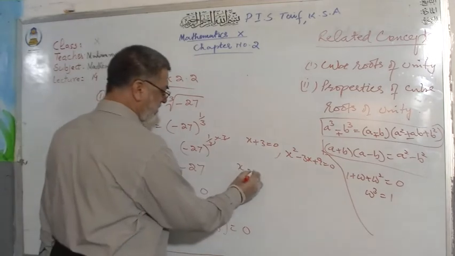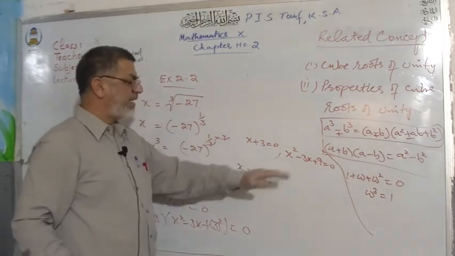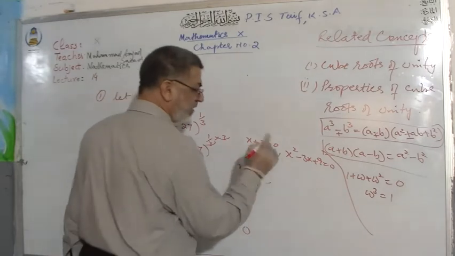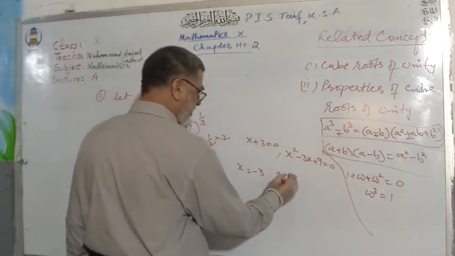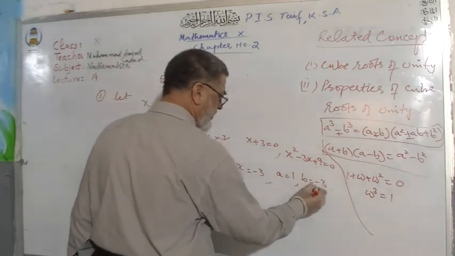So x is equal to minus 3. For finding the roots of this equation, we will apply the quadratic formula. A is equal to 1, B is equal to minus 3, C is equal to 9.